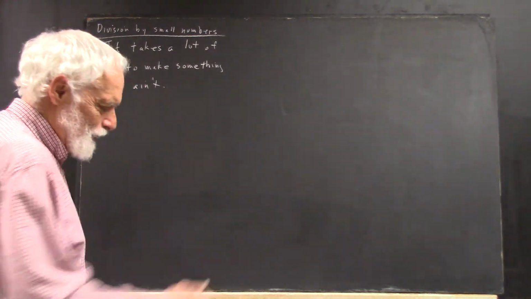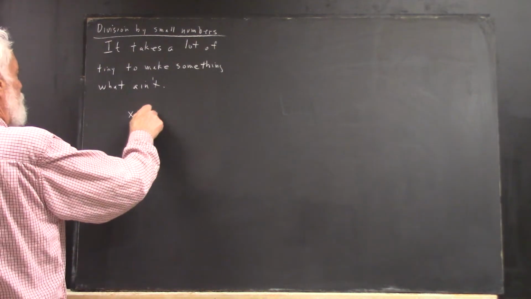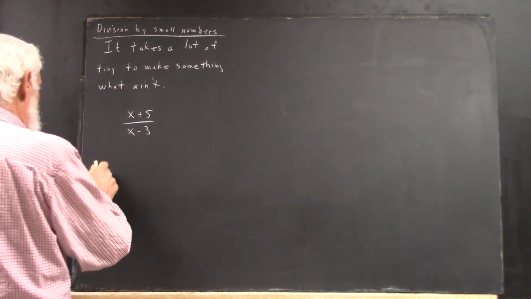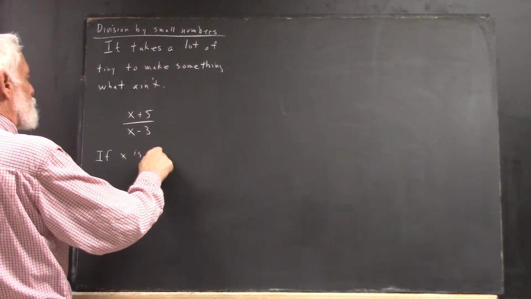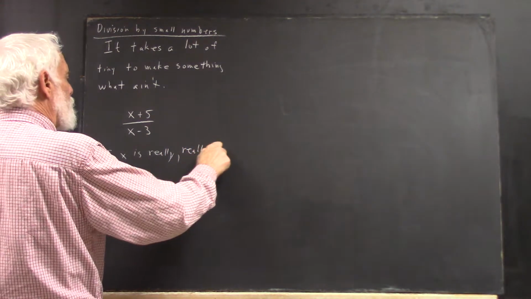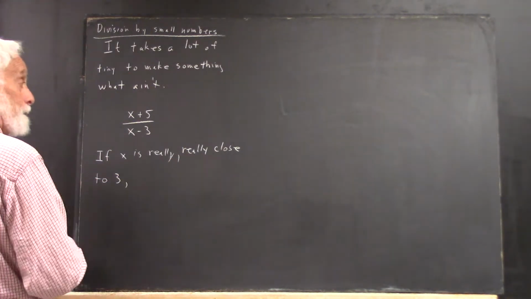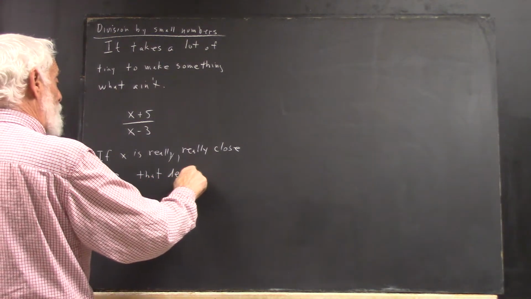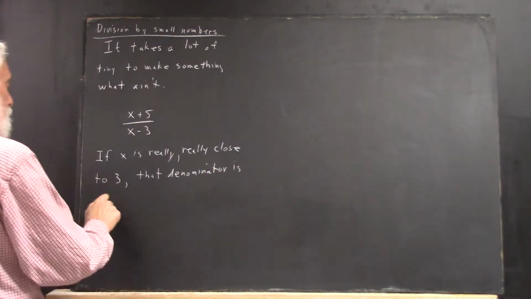Okay, so in the context of rational functions, if we have an expression like x plus 5 over x minus 3, if x is really close to 3, the denominator is really tiny.